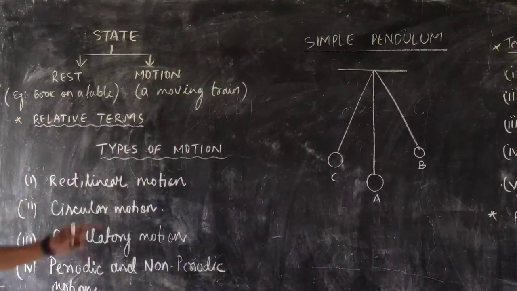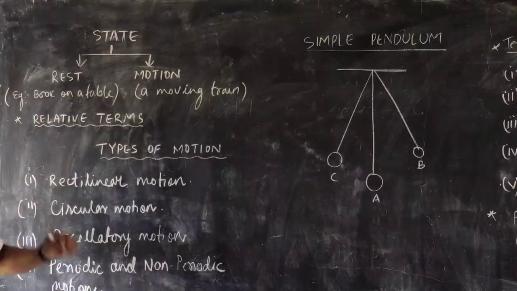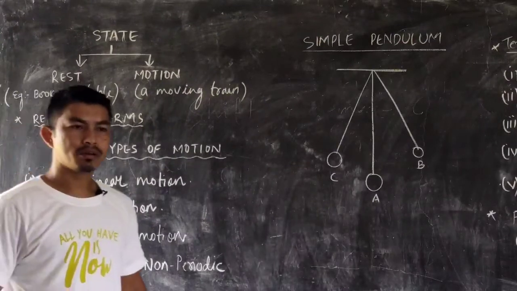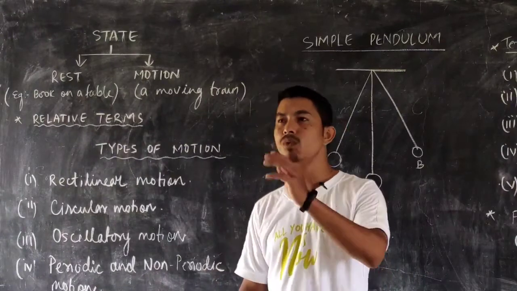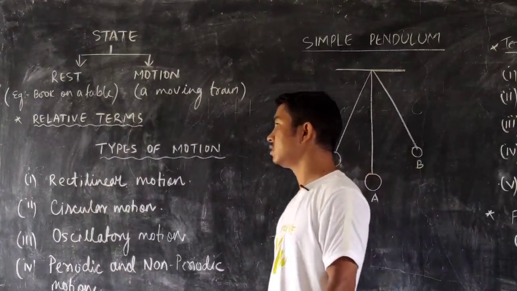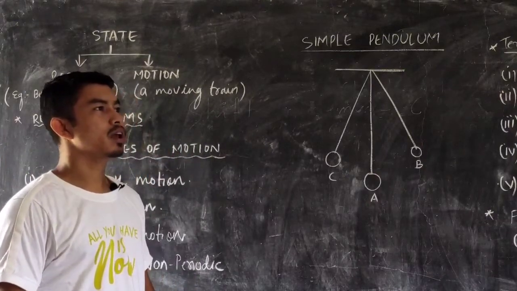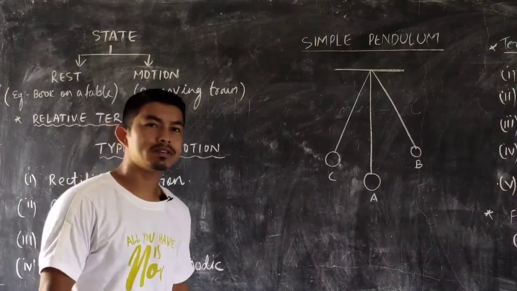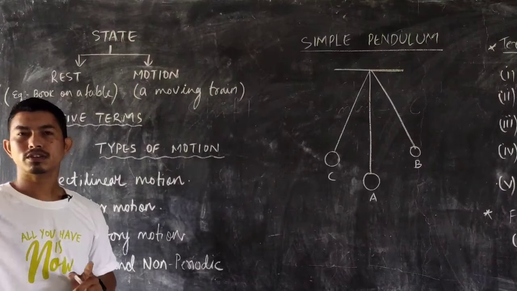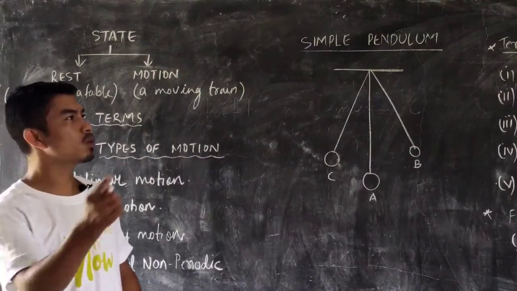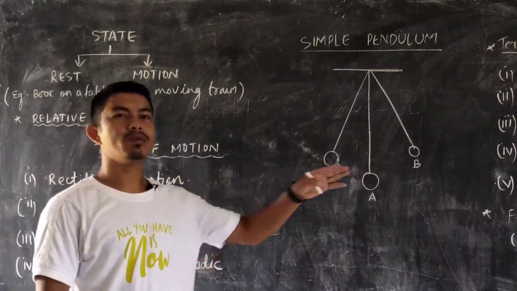Now since you have understood rest and motion, they are said to be relative terms. Relative means that it depends upon the person who is viewing the things. For example, a person sitting in a bus and looking at the roof of the bus sees the roof at rest, whereas a person standing outside the bus sees the roof moving along with the bus.